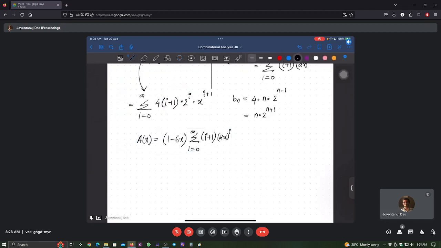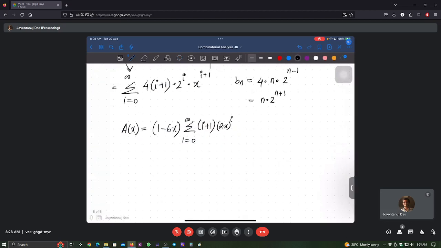Here you have to break up the summation into two summations. So it is the sum for i equals 0 to infinity of 2 power i x power i, minus the sum for i equals 0 to infinity; if I take 6x inside, I have (i plus 1) 2 power i, but it is the coefficient of x power i plus 1.